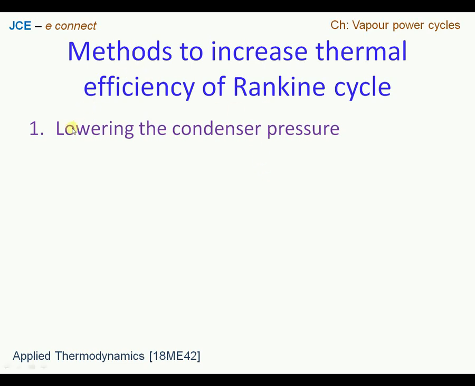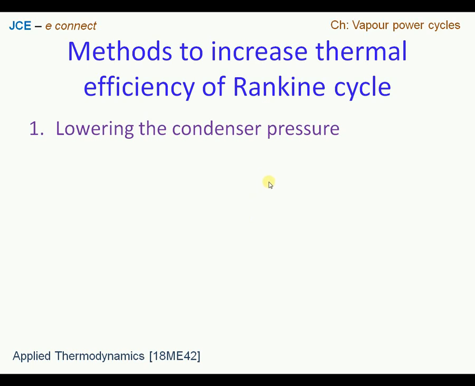So one of the methods here is lowering the condenser pressure. What we understand here is, when you look at a TS plot of the previous problem we have solved, it is finally the average temperature at which heat is added to the cycle. If it increases, then it automatically reflects in improvement in the thermal efficiency.